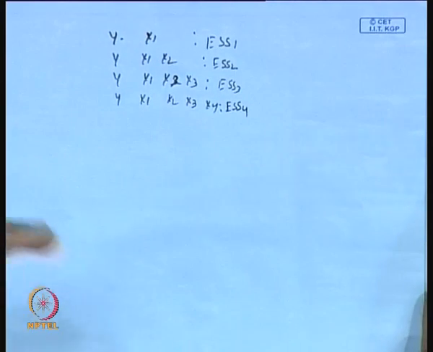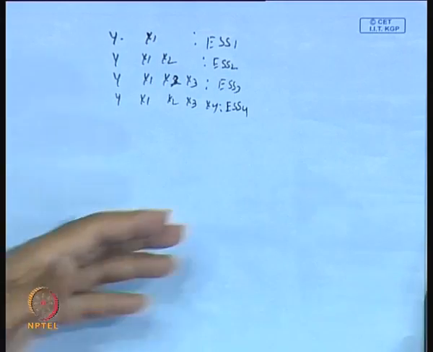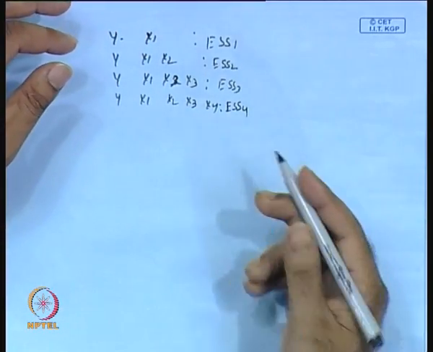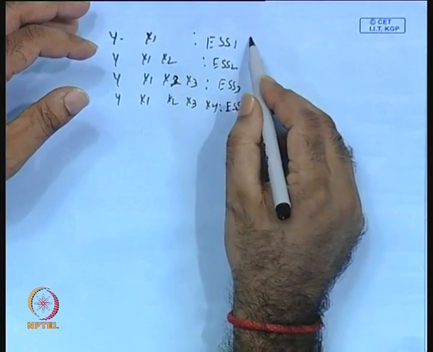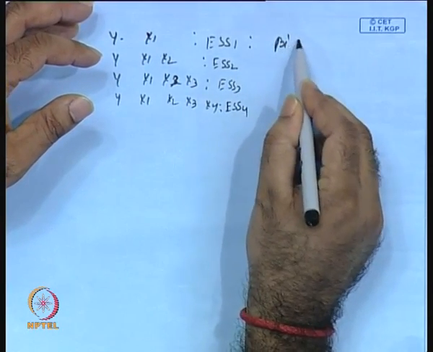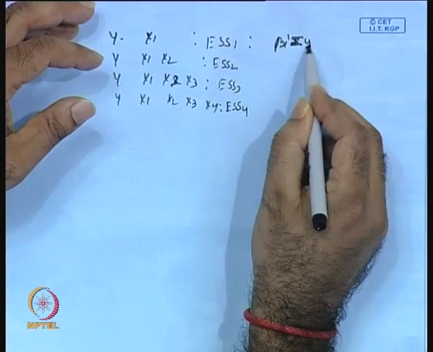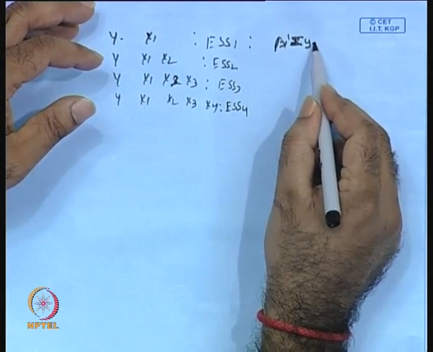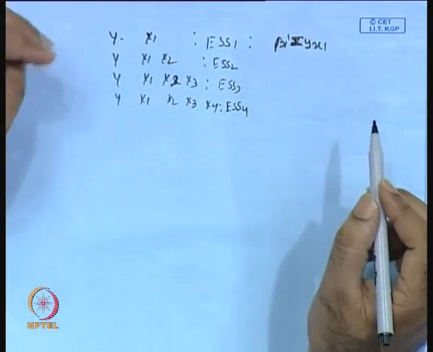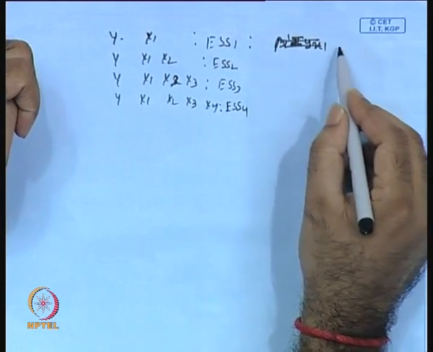Out of all these possibilities, the most feasible is that it will be an increasing trend, because by default we will see the structure. For ESS1 it is beta 1 hat summation y x1.